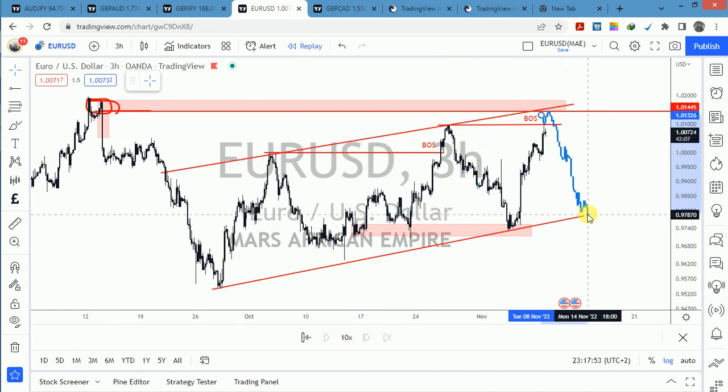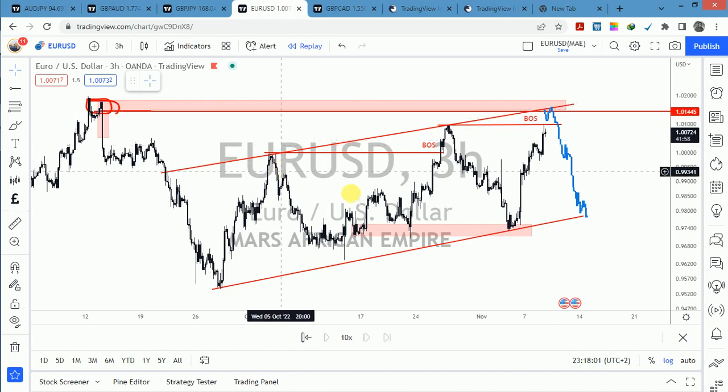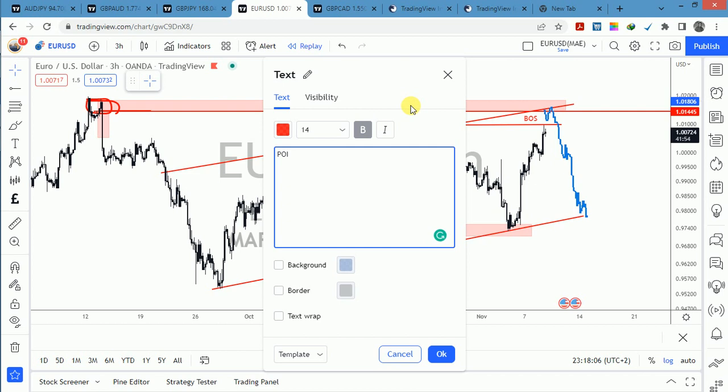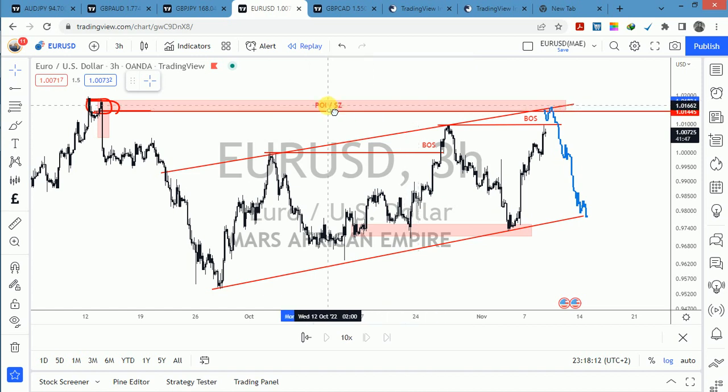So we are going to have something like this. This is what you're going to have: break of structure, mitigate the POI, or the supply zone, and then we drop.